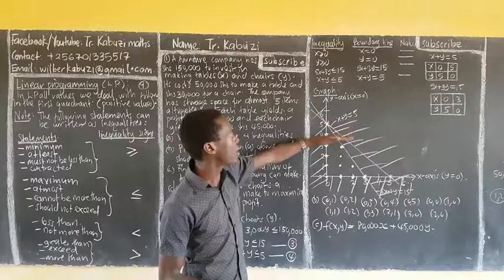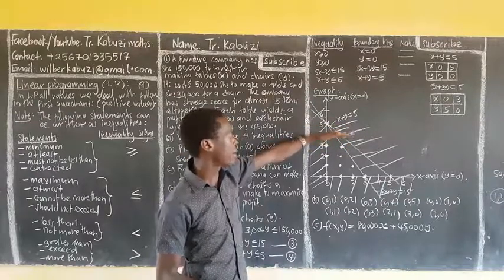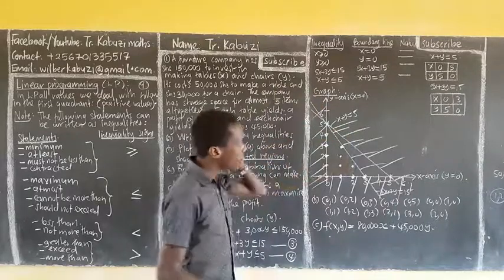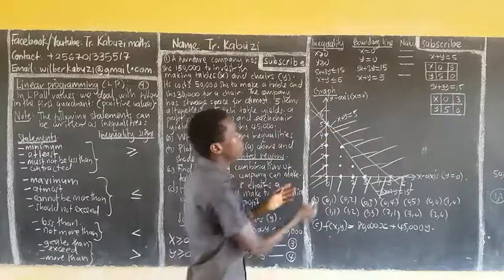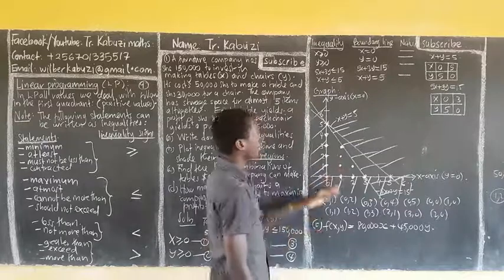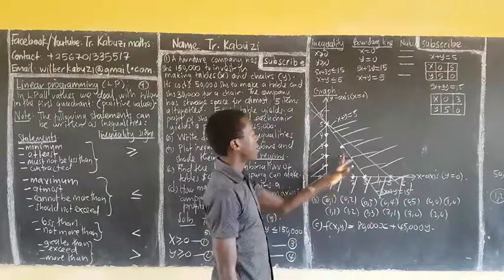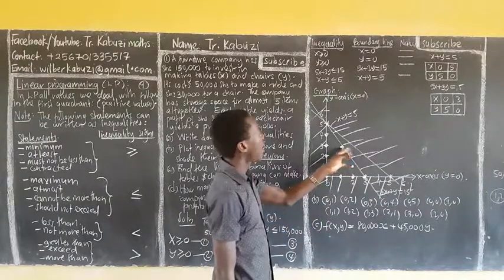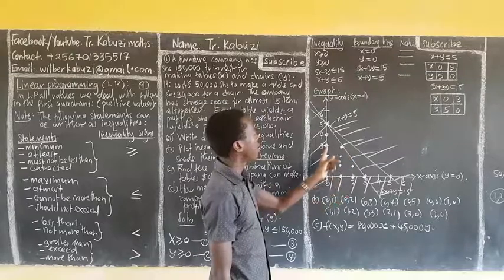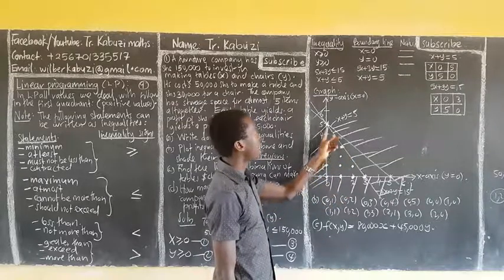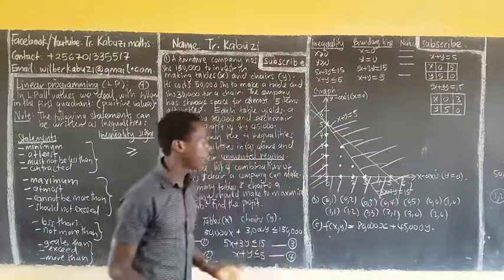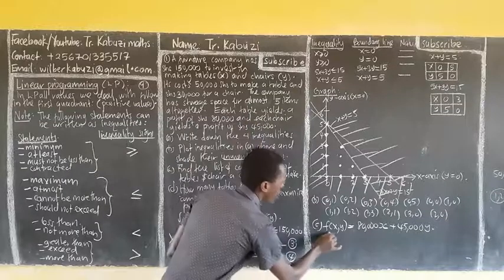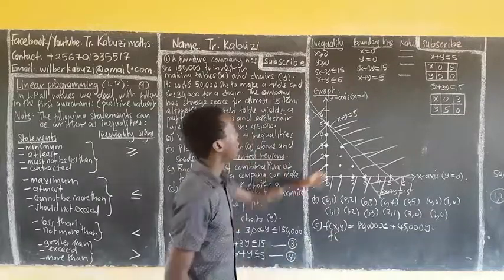So in most cases, you are going to get the values from here going up. So I can take 1, 3. I can take 4, 0, I can take 5, 0. It's up to you.